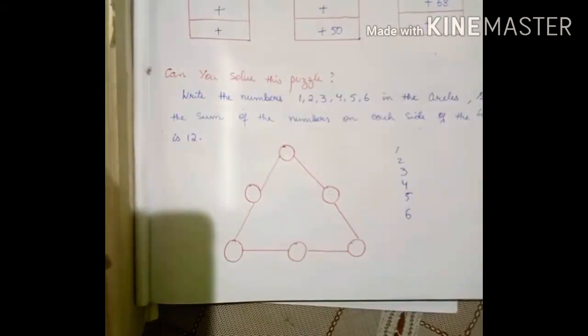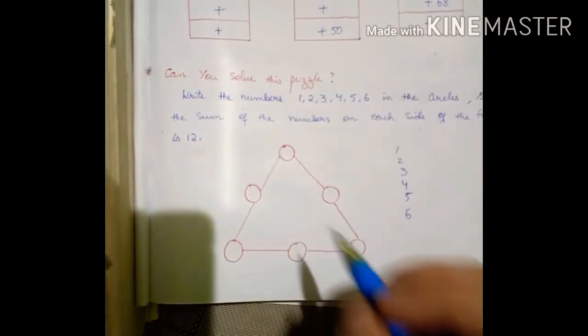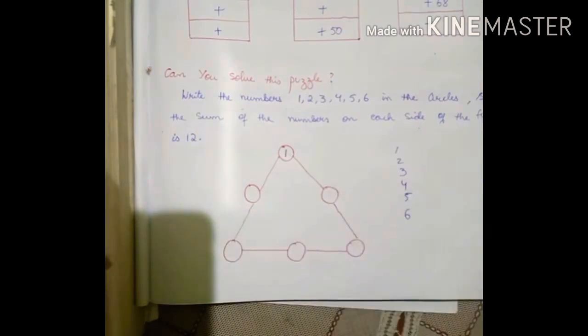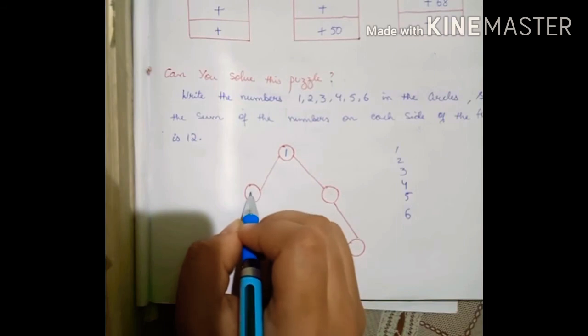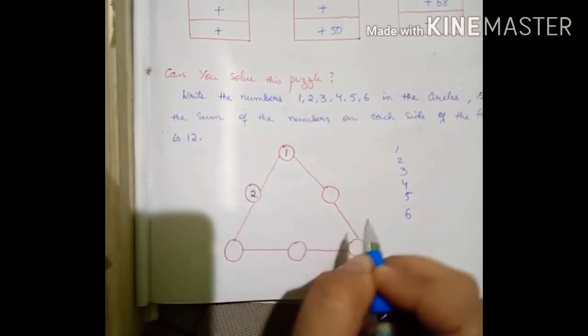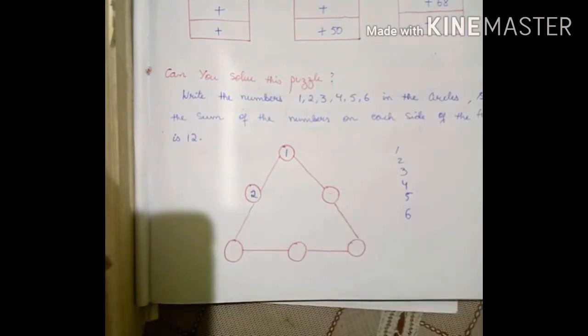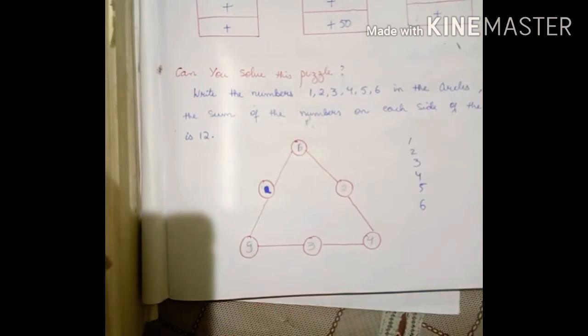Okay, now let's try with another arrangement. Suppose we put 1 here, then 2 here, 3. Okay, I've tried to solve it first so that I can explain it to you.